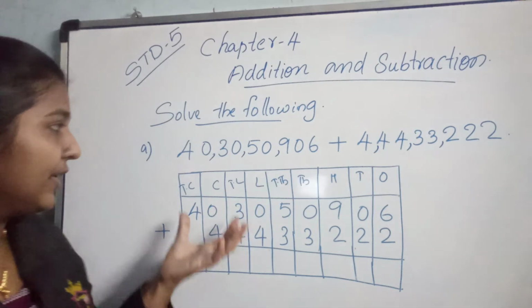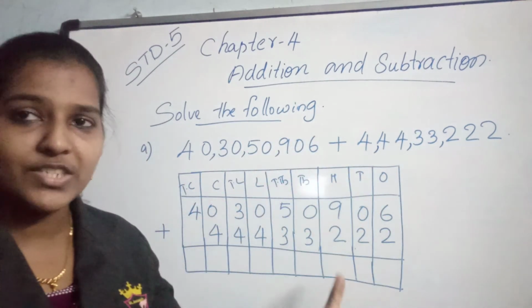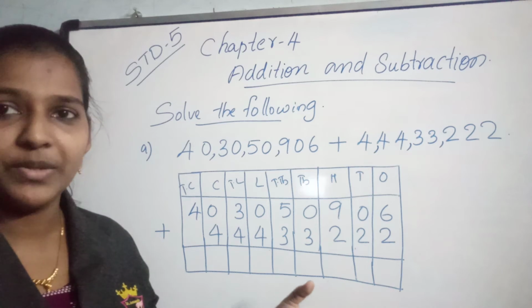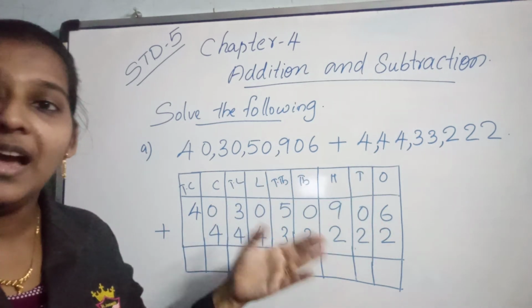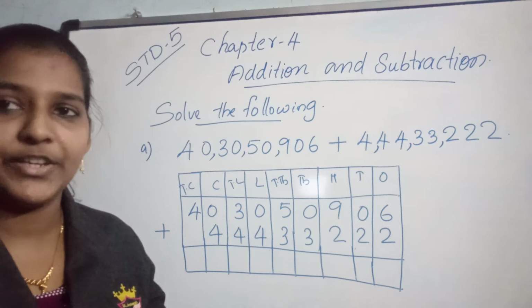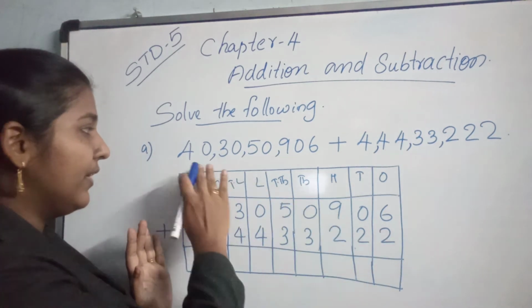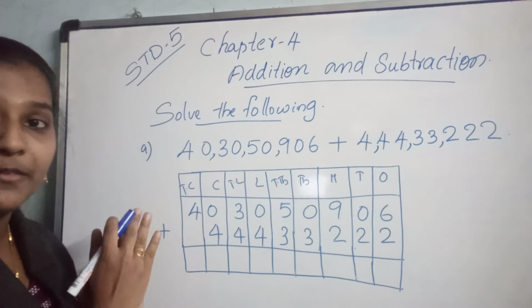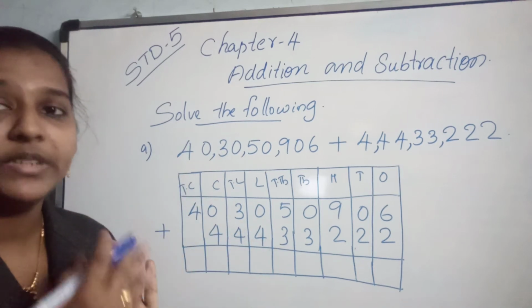So when you are getting a large number like this, you just arrange it in the place value chart first. Okay. And one below the other, you can arrange both numbers, and after that you do the addition. Clear, children? And here we can understand it is starting from 10 crore. So you have to draw the columns up to 10 crore.